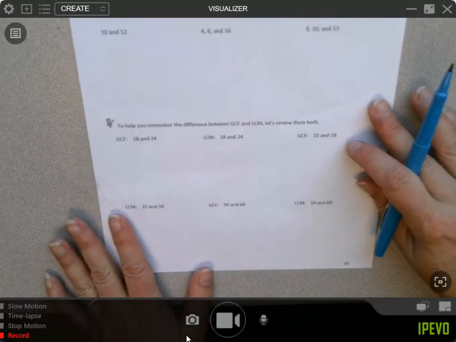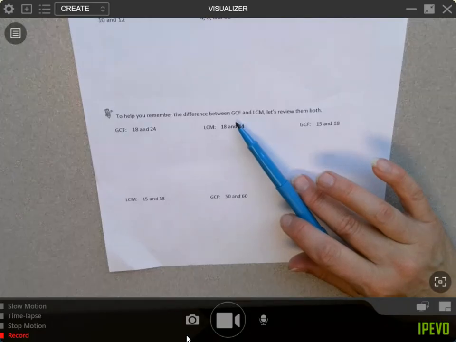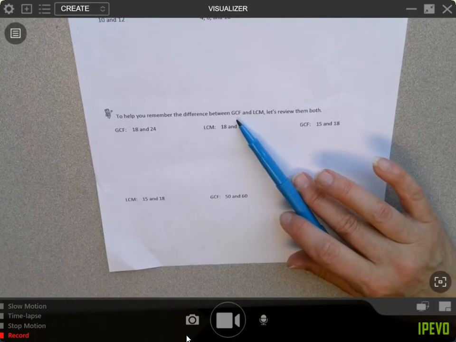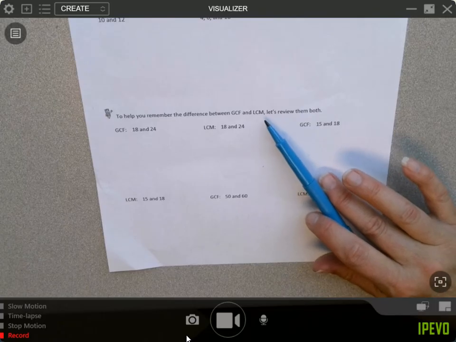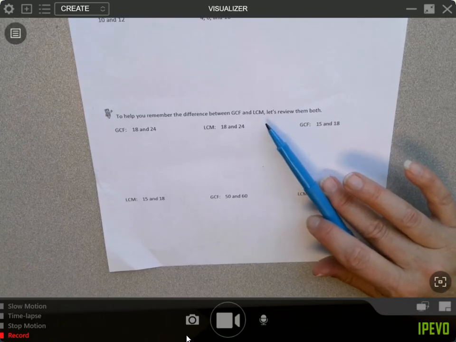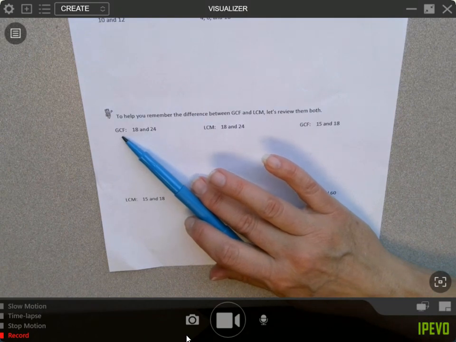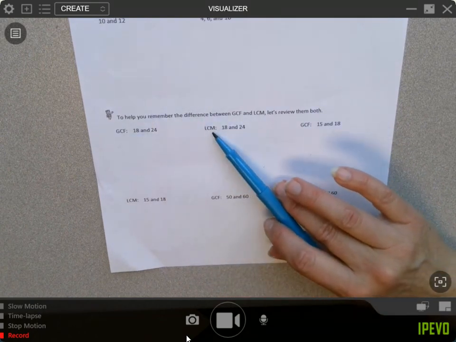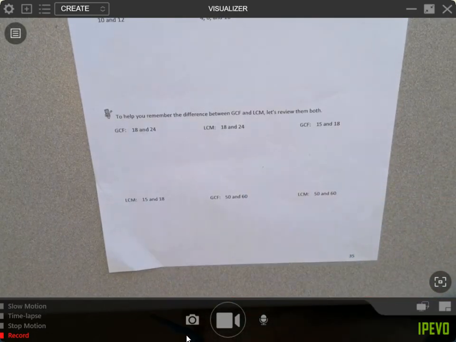Then at the bottom, we're going to review the difference between greatest common factor, the GCF, and least common multiple, the LCM. So you're going to have to look, are you finding the greatest common factor or the least common multiple?